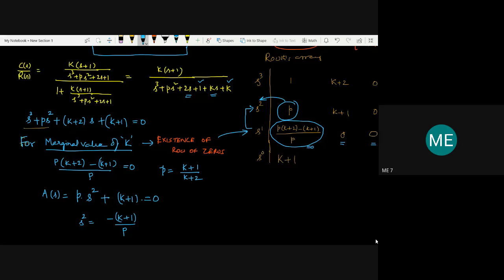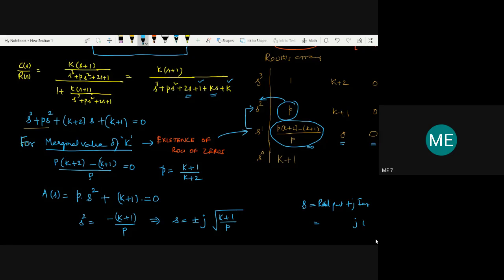So if I write s is equal to plus or minus j root of (k plus 1) by p. As I told, the s variable has the real part and the imaginary part, and j is the imaginary part.